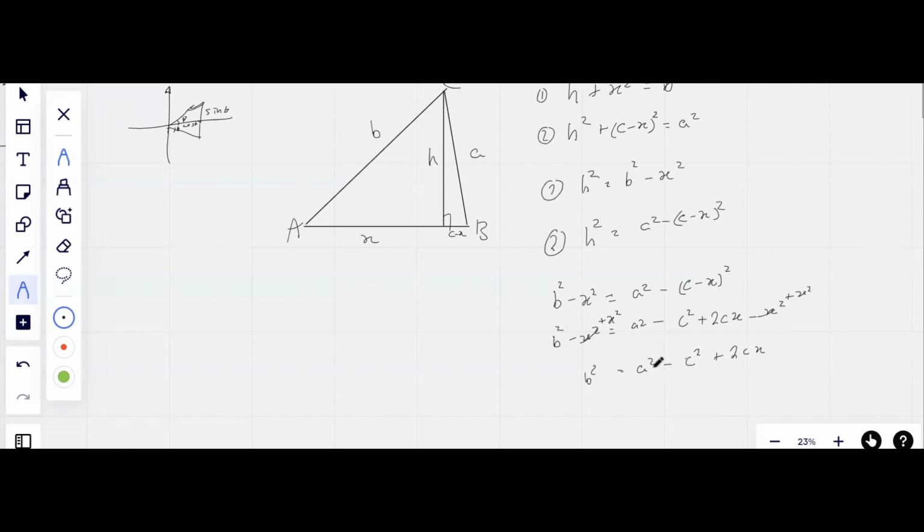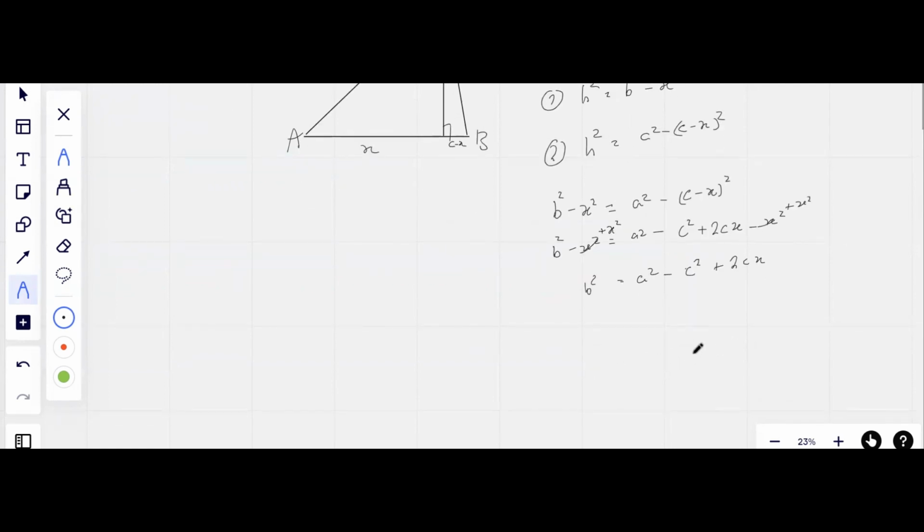And to get only positive terms on one side, we can move everything to the left side except a squared. So we can write that like this: a squared is equal to b squared plus c squared minus 2cx.